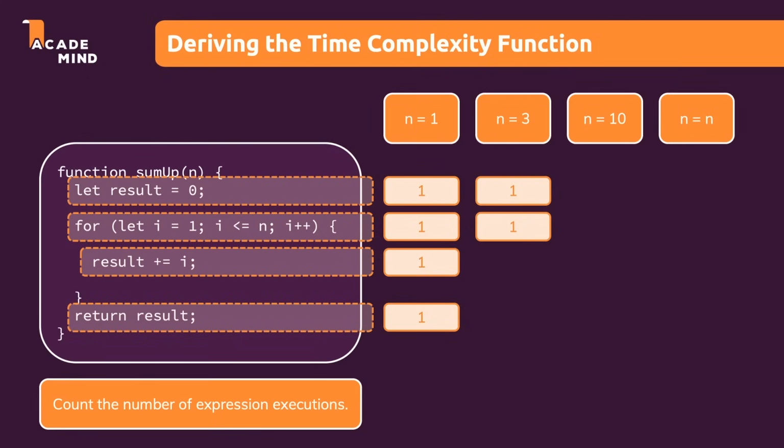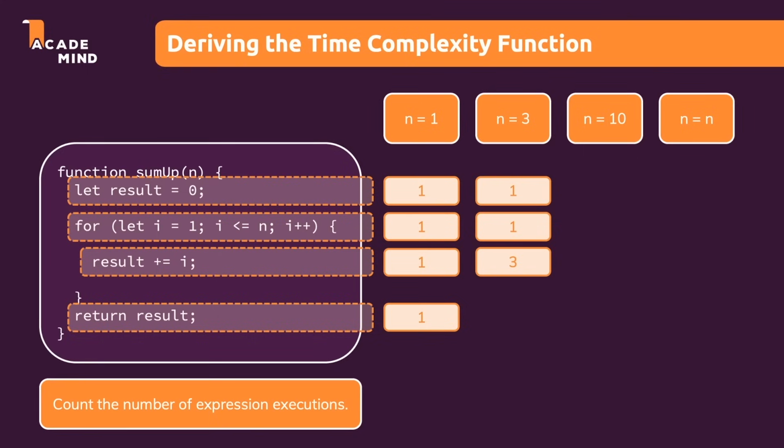Well, this does now indeed execute 3 times, because i is 1 initially, we loop as long as i is smaller or equal than n, and n is 3, which means we loop once, then we increment i to 2, still smaller or equal than 3, so we loop a second time, we increment i to 3, that is still smaller or equal than 3, so we loop a third time, and only then i is incremented to 4, which means we don't execute the loop again.